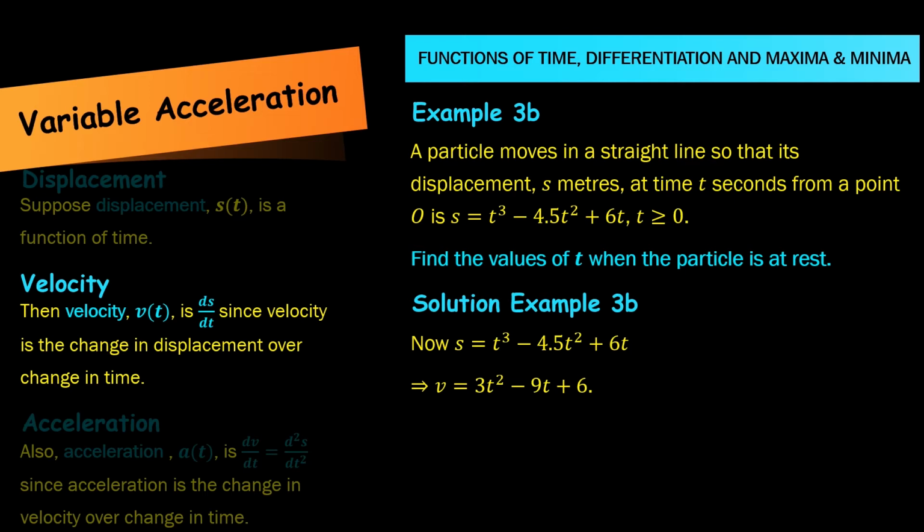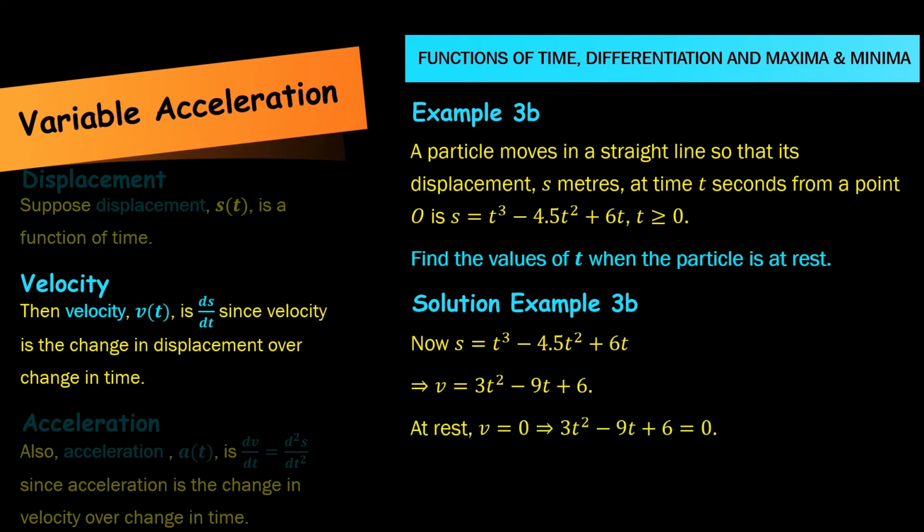So let's do that. We have t cubed being differentiated to become 3t squared, 4.5t squared becomes 9t, and 6t becomes 6.